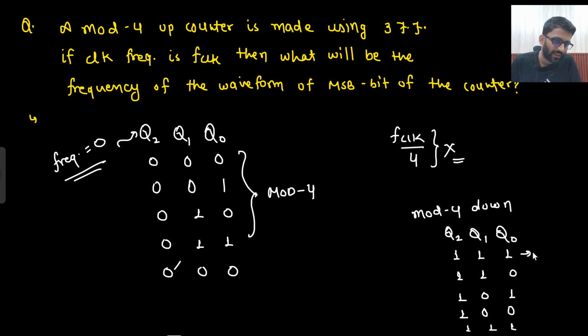Here it was like this, your 7 6 5 4. Here this bit is always 1, always 1.